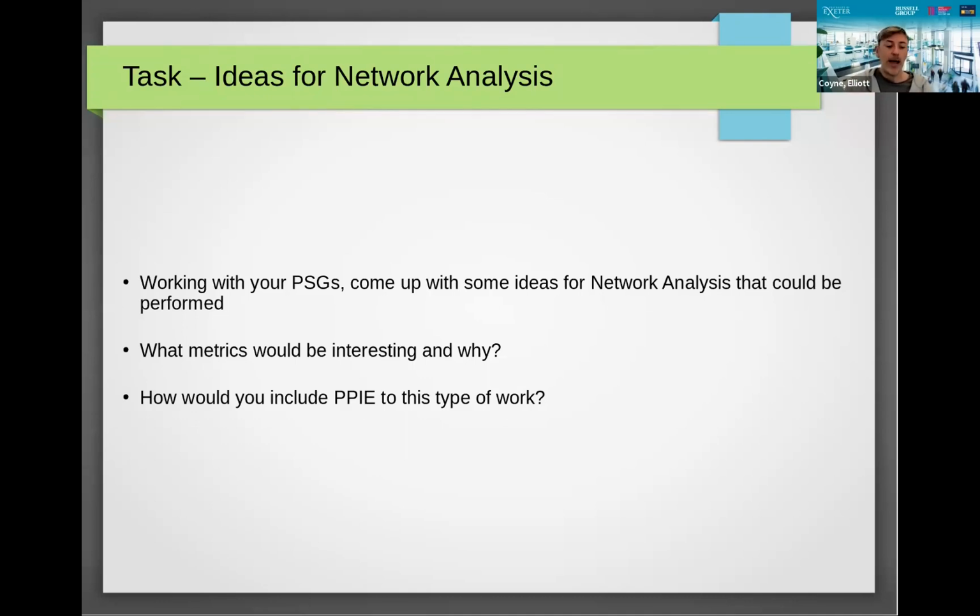But really, for the next 50 odd minutes, work in your peer support groups, and think about how you may be able to use network analysis for any real world problems, not necessarily for your project, but just any problem in the world that you think you could potentially apply this to.